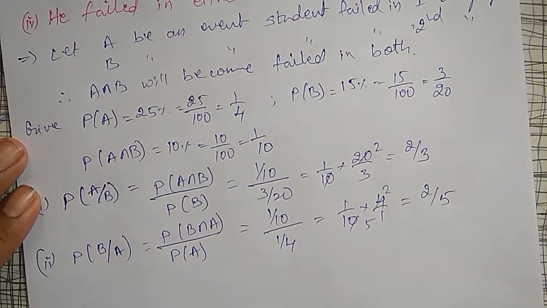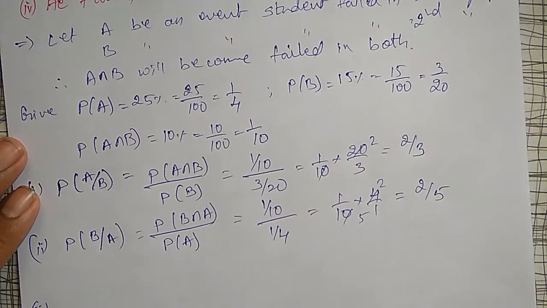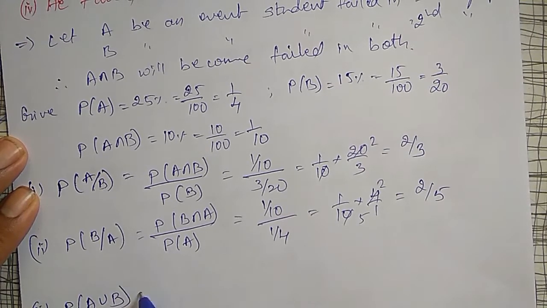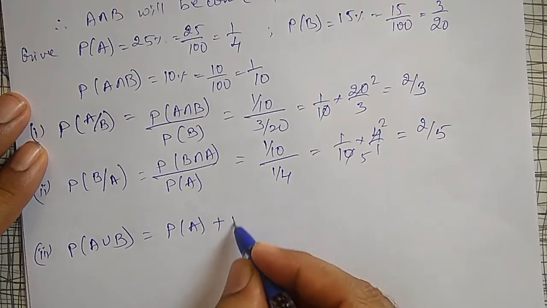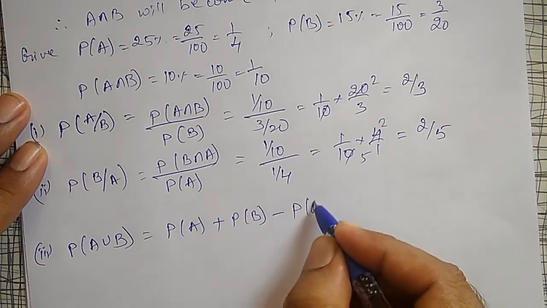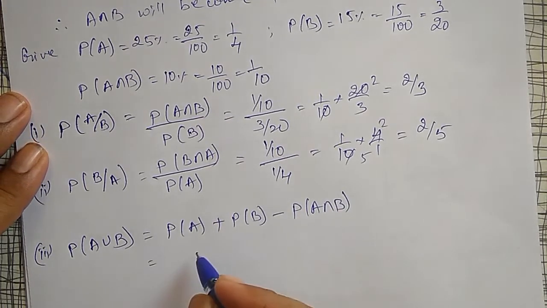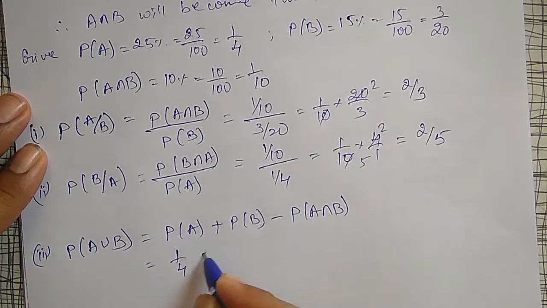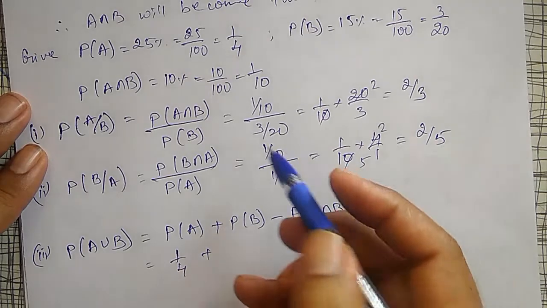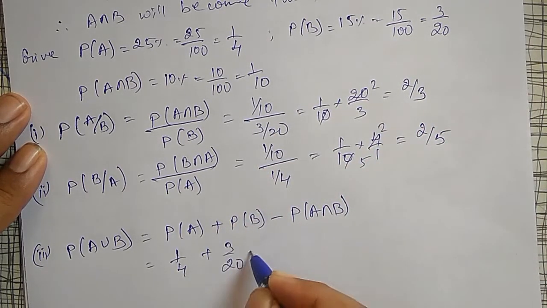Third one, what are they given? He failed in either of the two languages, meaning A or B. To find this, I will use the addition rule. My addition rule is probability of A plus probability of B minus probability of A intersection B. Probability of A is 1 by 4, probability of B is 3 by 20, minus probability of A intersection B is 1 by 10.